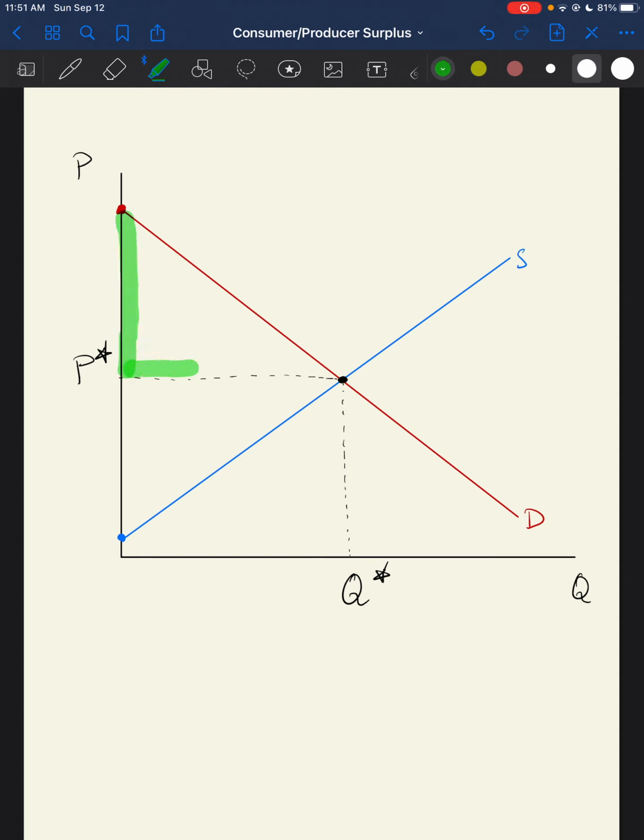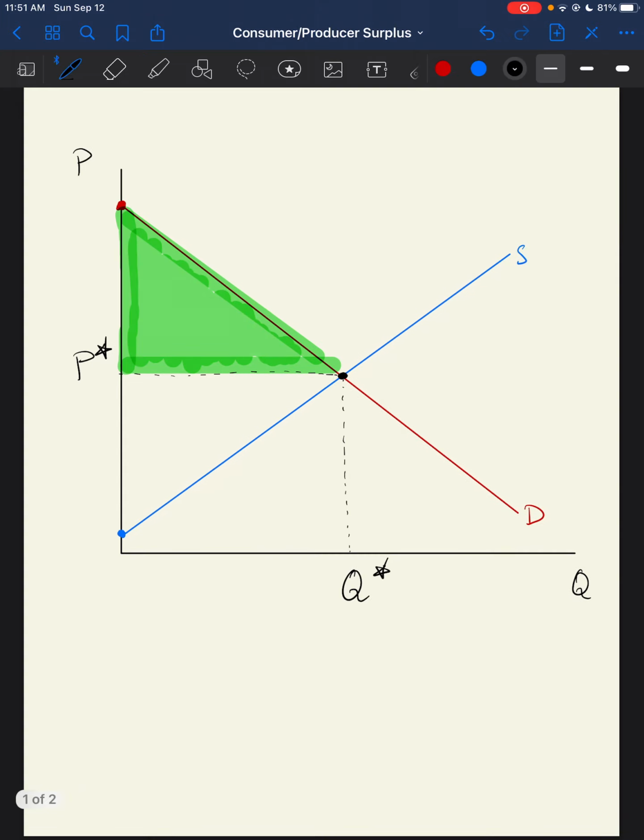Okay, let's highlight this in green. This area comes out to be our consumer surplus. Okay, and I'm going to write this down as well. This is our CS. I'm going to call it CS for consumer surplus.